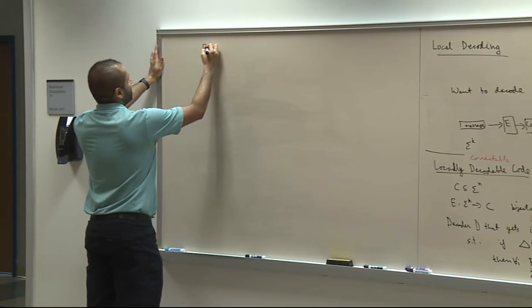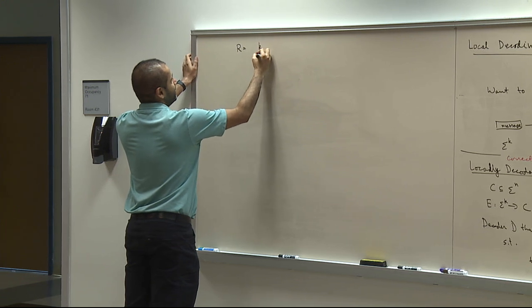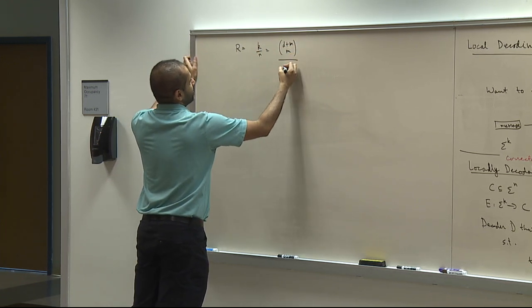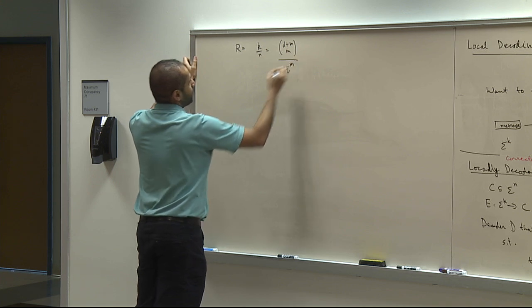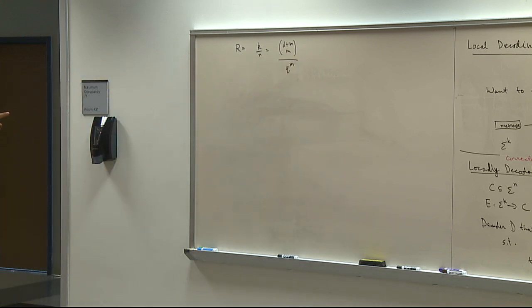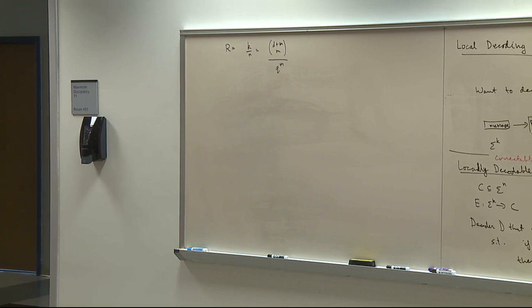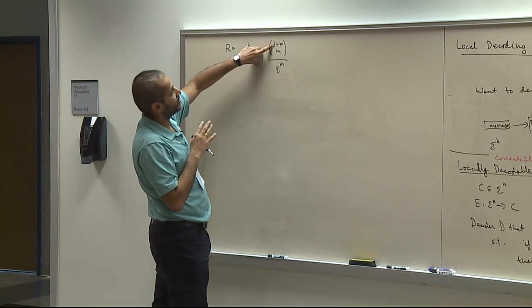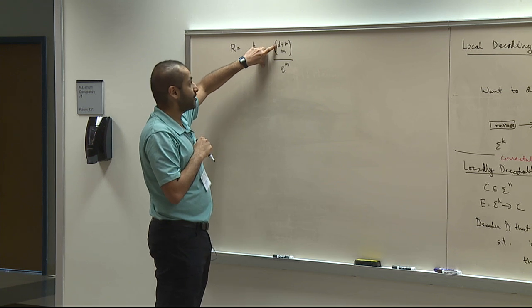So let's see what the rate is. The rate is thus k over n, right? This is (d plus m choose m) over q to the m. Now I'm using my thing that m is small and q is large. So d is like a constant fraction of q. So d is also large, m is small.